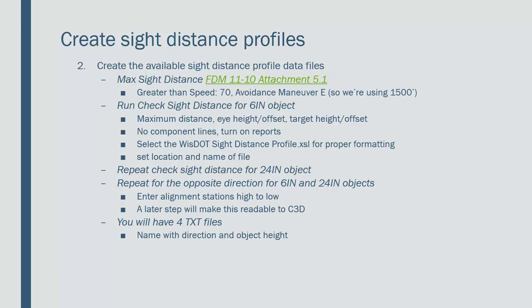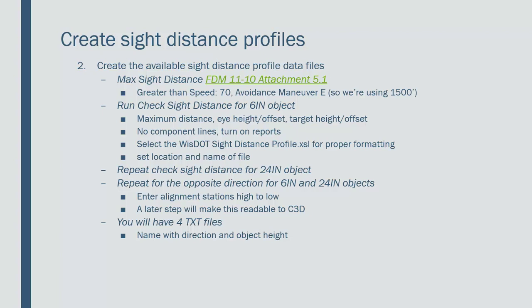We are not going to create component lines. The site distance analysis tool does provide plan lines of where those sight lines are as you go around curves. We're not going to create those now because this is more about the profile at this point. Then we're going to identify the WISTAT site distance profile XSL. This is a style format for the TXT data file that we'll be creating.